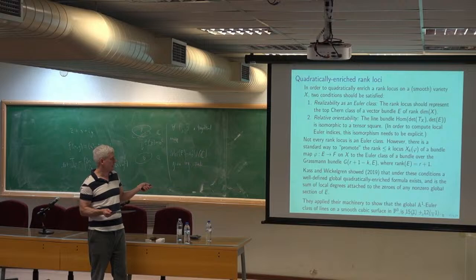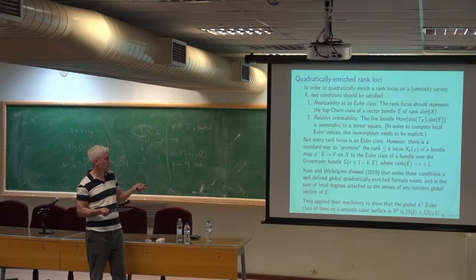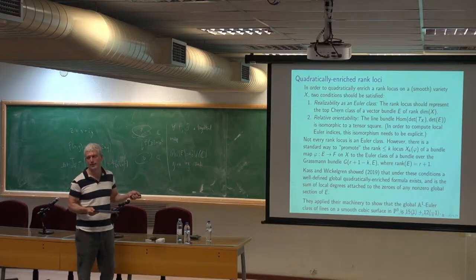The second condition is an orientability condition, actually relative orientability, which means that the Hom bundle from the determinant of the tangent bundle to the determinant of this bundle E should be a tensor square. And in order to be able to compute local Euler indices explicitly, this isomorphism realizing the Hom as a tensor square needs to be explicit. I want to mention that this first condition, again, is not absolute, because it's very easy to construct examples of rank loci that are not Euler classes.